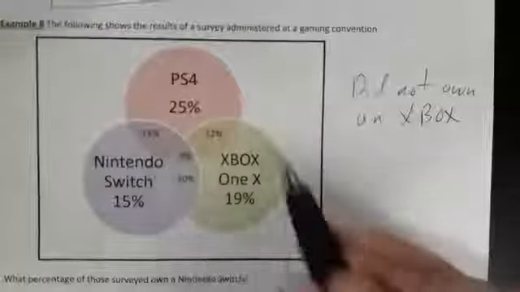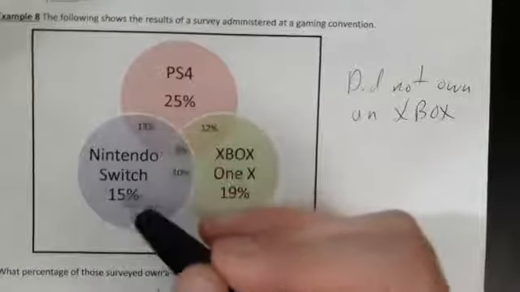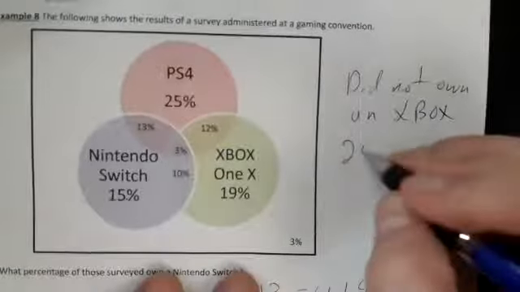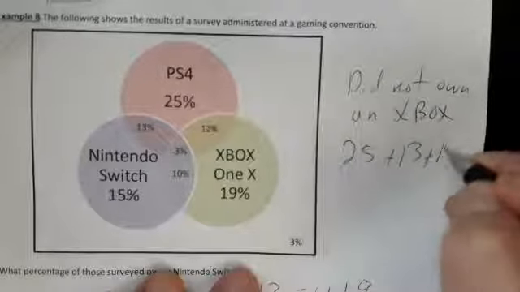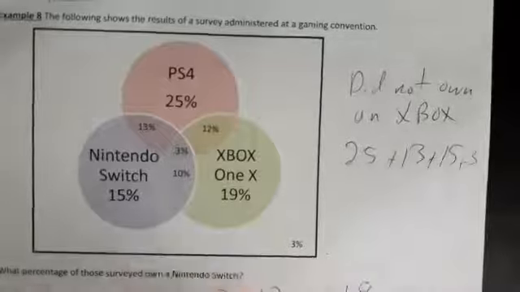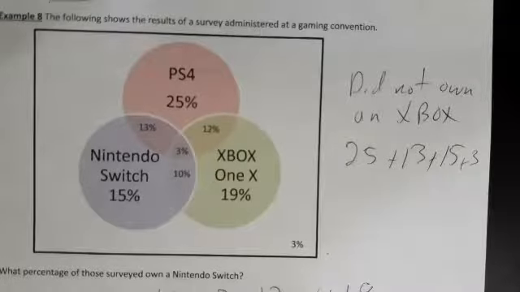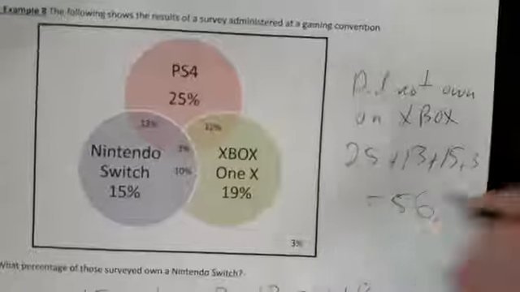I have to look outside of this circle. So this would be the 25, the 13, the 15, 25 plus 13 plus 15. And then don't forget this little guy out here, plus 3. So what is that? 25 plus 13 plus 15 plus 3 should be giving me 56, I believe.